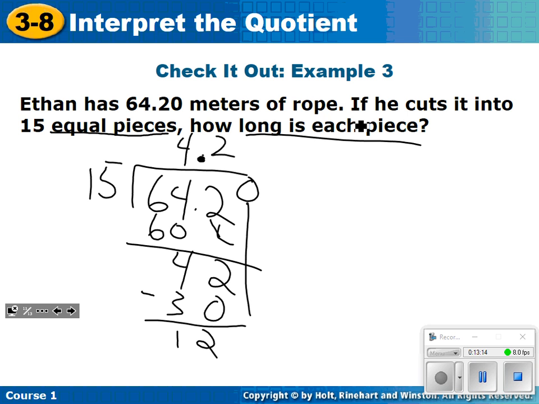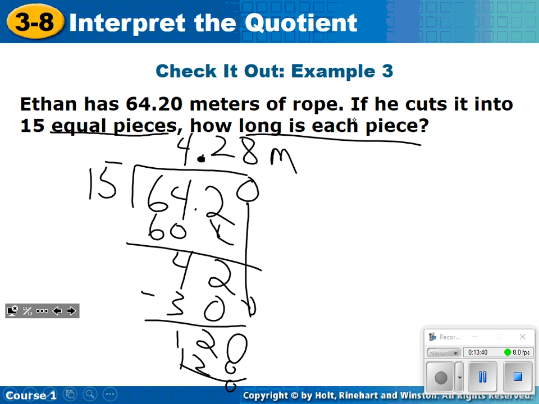Add a 0, bring it down. 8. Perfect. 4.28 meters. Okay?